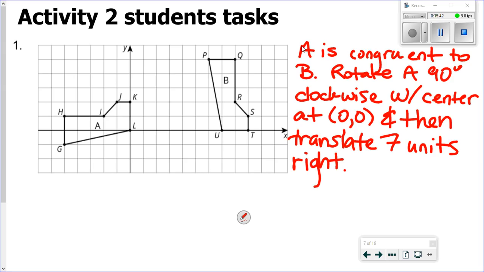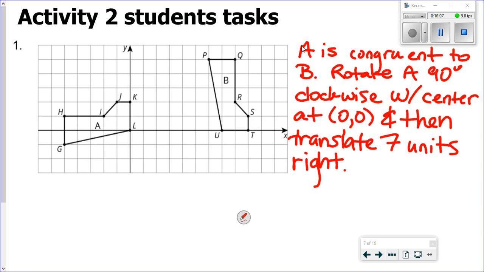Please keep in mind, this is just one set of rigid transformations that will map figure A to figure B. If you have found a different path or a different sequence of transformations, that is okay. Just stop and double check and make sure they still work. What is essential is that we are including all the details when describing our rigid transformations.